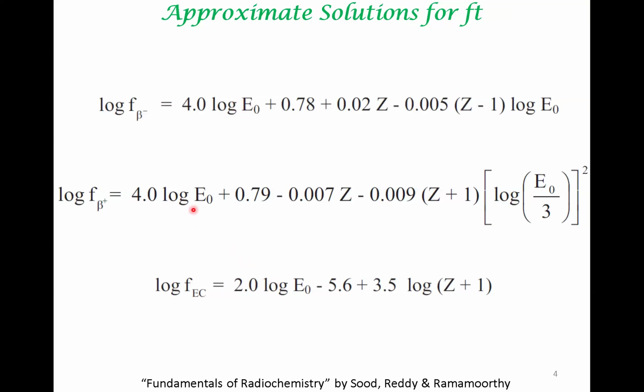The main thing is that it is proportional to log E naught, which makes sense. These expressions are rather hard to rationalize in a qualitative manner, but we will just use them, and at least it gives you an idea on what factors log f depends on.